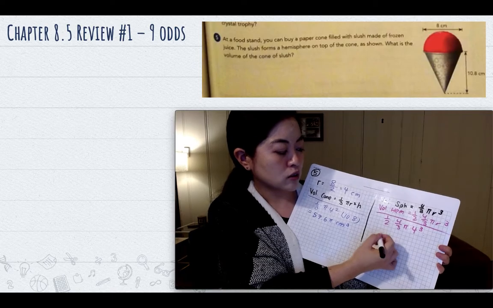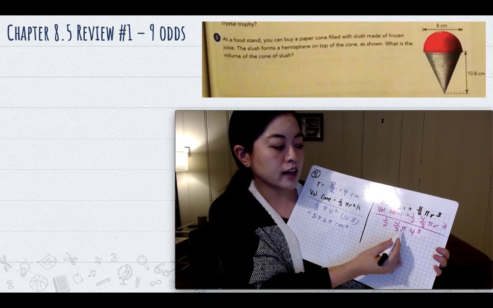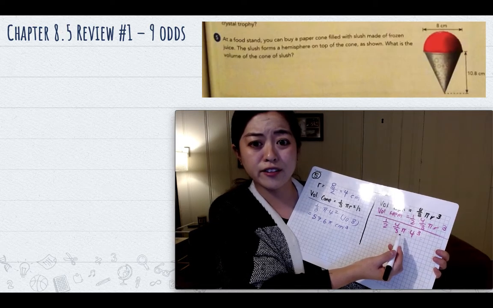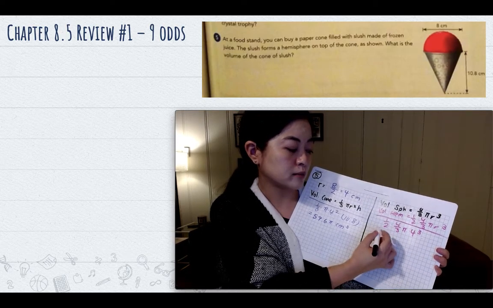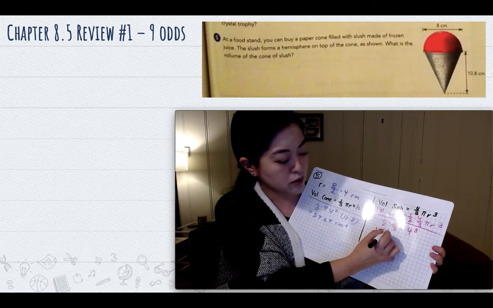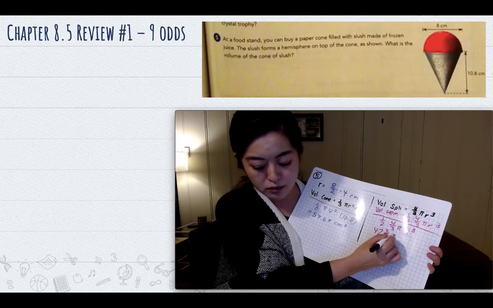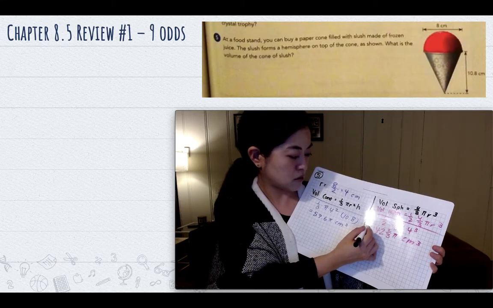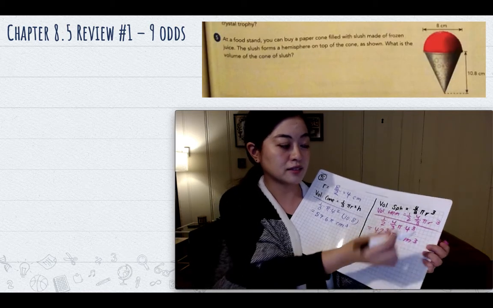I'm going to simplify it as much as I can, and keep pi because I want an exact value for the volume of the hemisphere. You're going to get 42 2/3 pi cubic centimeters.